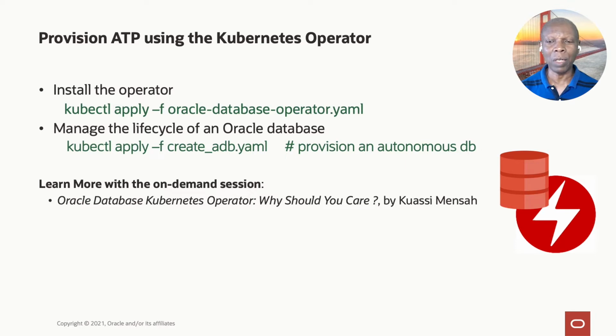This way you get the database provisioned programmatically, so you can include these commands in an automation, like a DevOps CI/CD pipeline, right? If you want to know more about the database Kubernetes operator, please check the on-demand session, Oracle Database Kubernetes Operator: Why Should You Care?